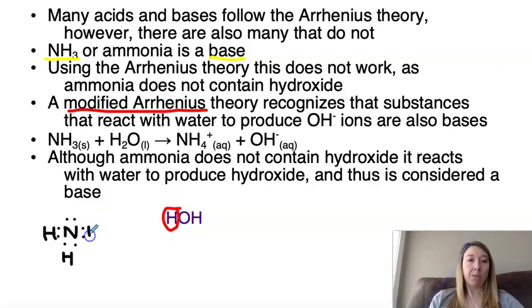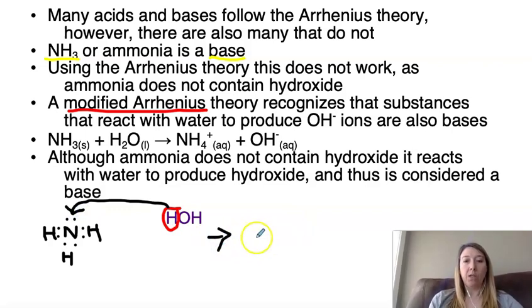Remember we talked about that special type of covalent bond, the coordinate covalent bond, where something would just come in and latch on to here. So this hydrogen from water comes over here and takes up that position. And as that happens, we produce the ammonium ion because now we have an additional hydrogen in place.